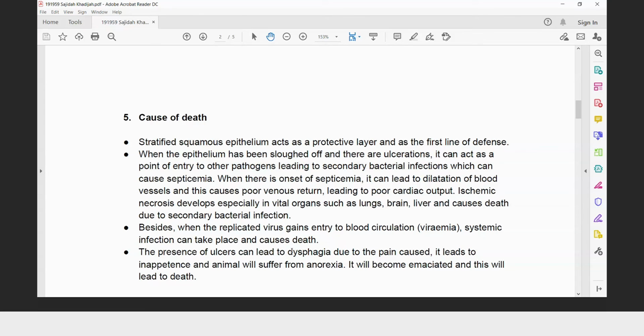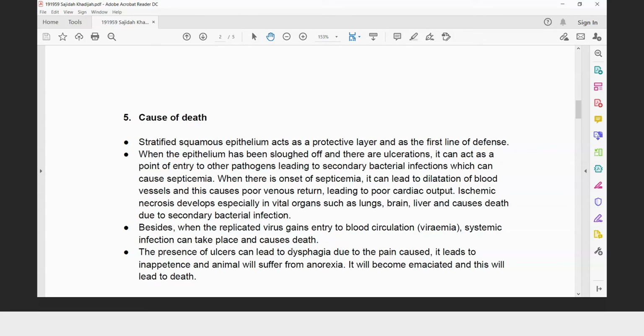It might be confusing later on, the primary and secondary. The dysphagia is due to the lesion in the oral cavity. Anorexia does not need a lesion in the oral cavity, but to have dysphagia, you must have a lesion in the oral cavity. We call that difficulty to eat.